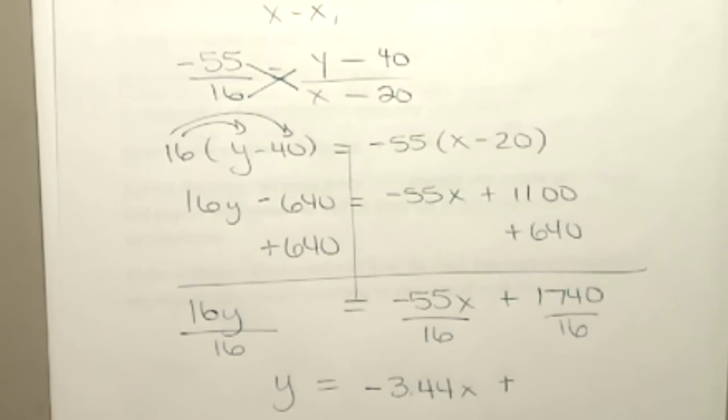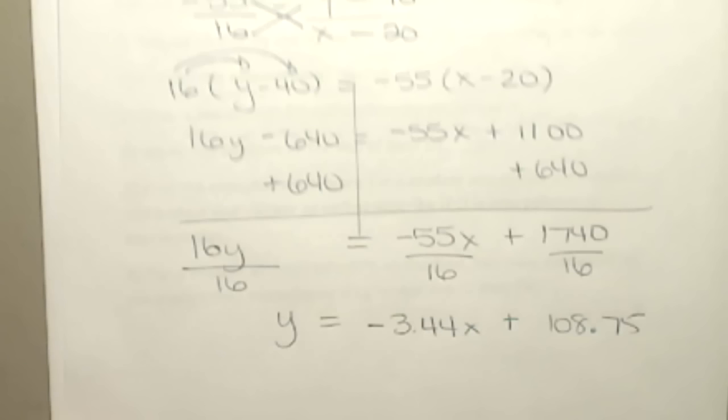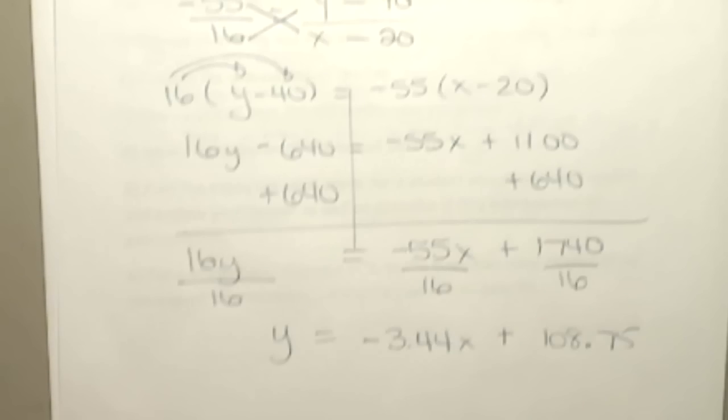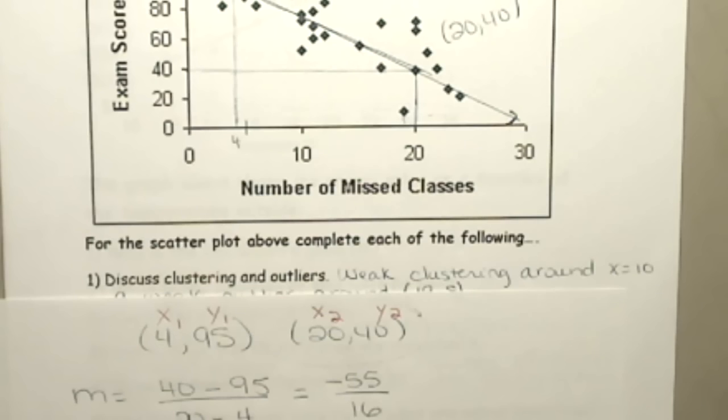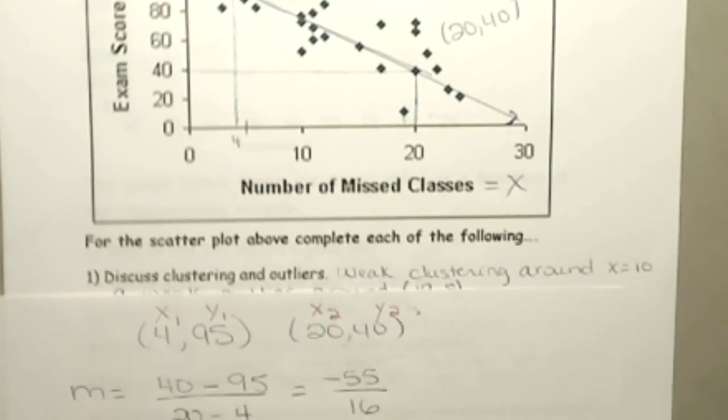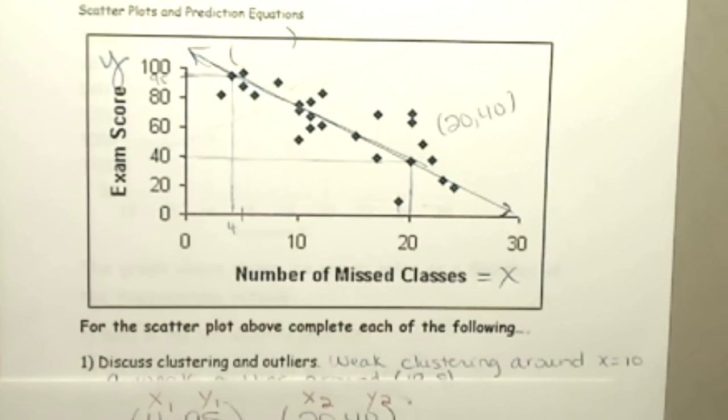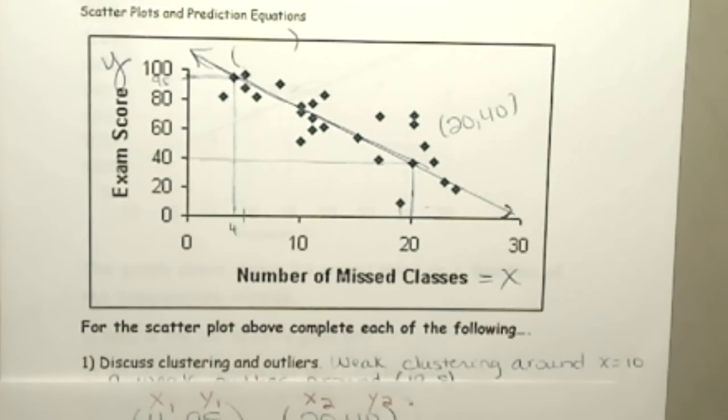And 1740 divided by 16 is about 108.75. So this is the equation where the input, if you'll look at the graph here, is the number of missed classes. That's the x, the input. And the y is the exam score that we can expect.